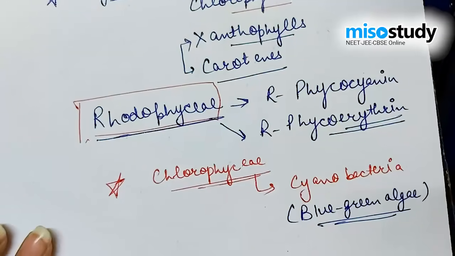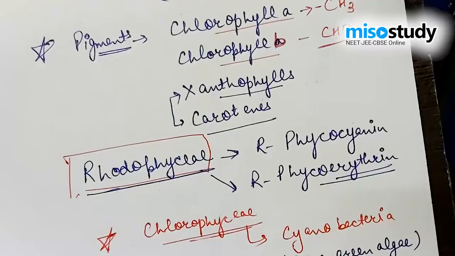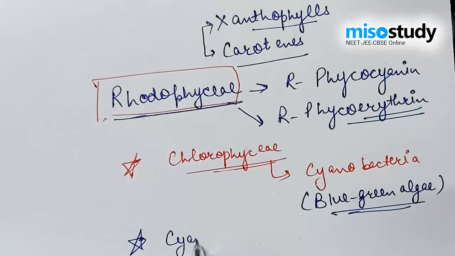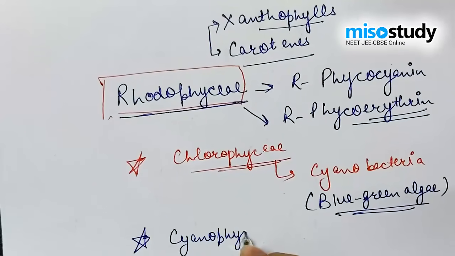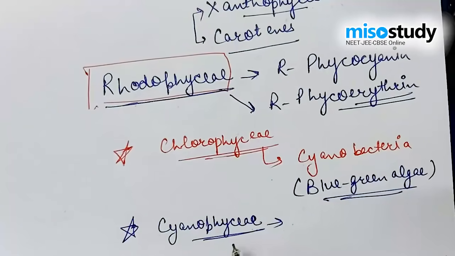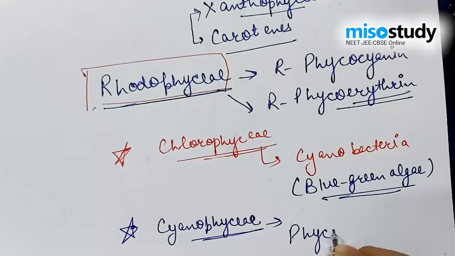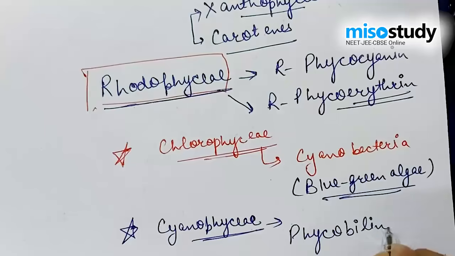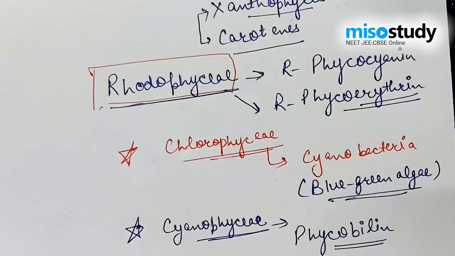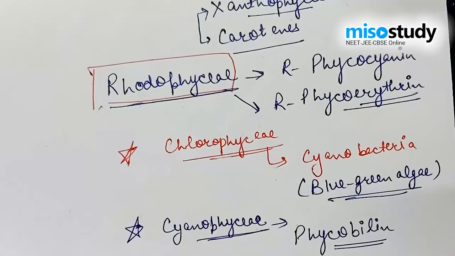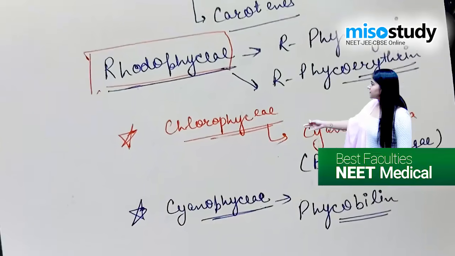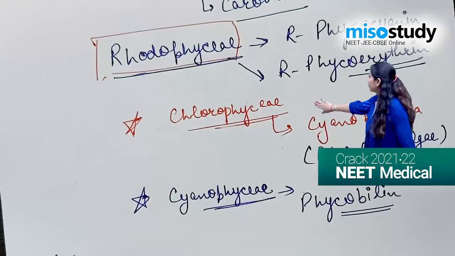Cyanophyceae. Apart from the chlorophyceae, there is another term in which students generally get confused. That term was cyanophyceae. In cyanophyceae, there is a presence of a pigment named phycobilin. So we discussed the various types of algae here named rhodophyceae, chlorophyceae, cyanophyceae. All these differ from each other basically on the pigment level.